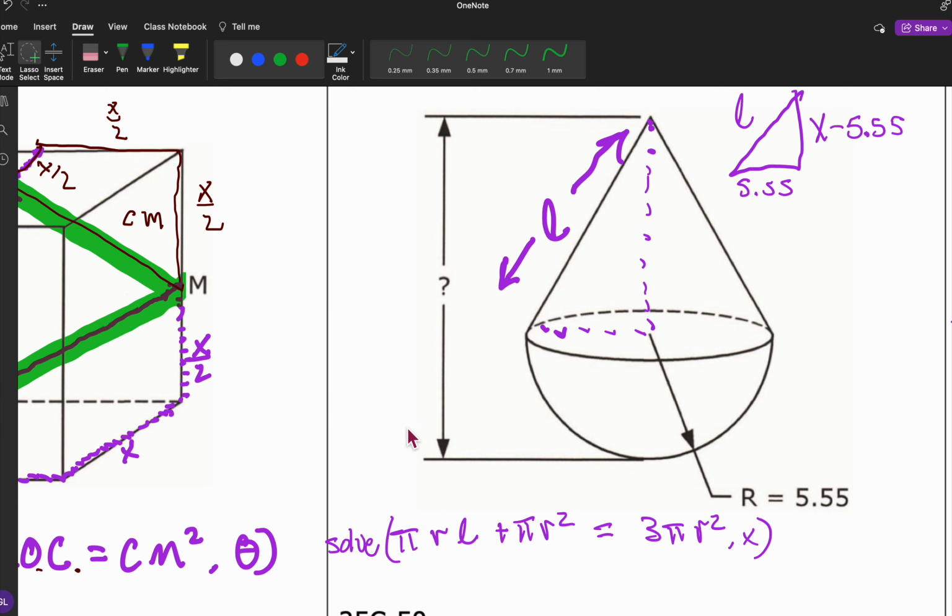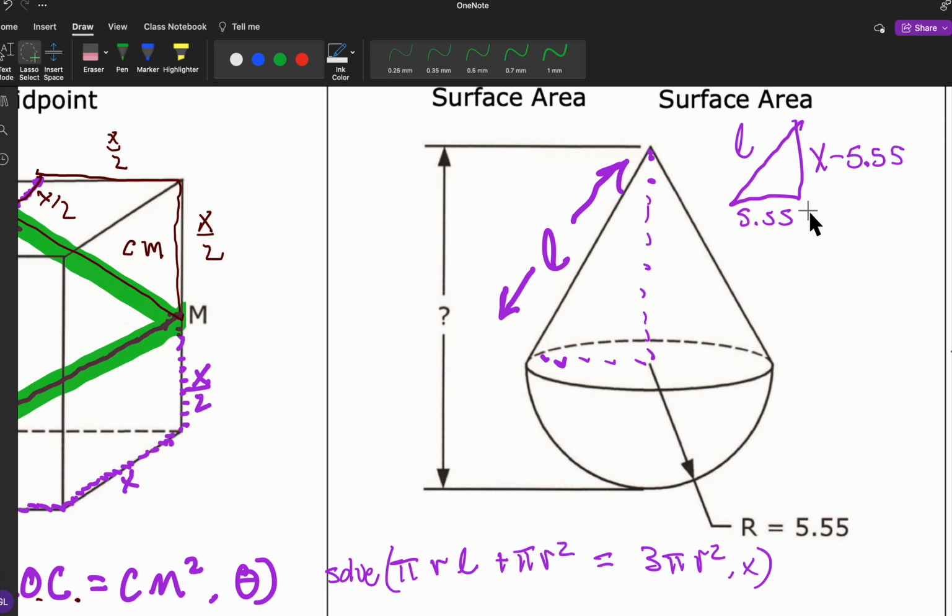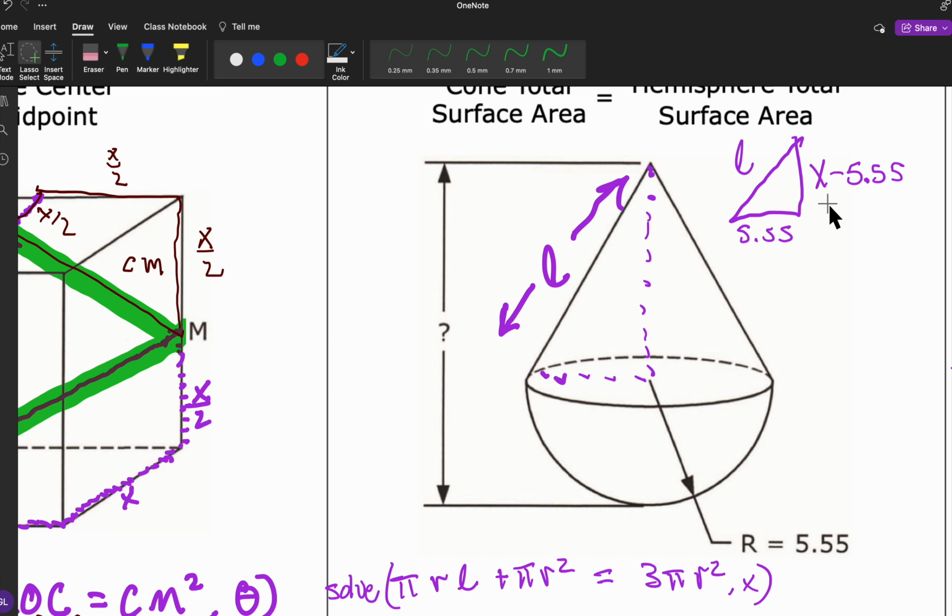Now, putting all this information together, they want us to find the height of the total assembly. They give us the radius of the hemispherical cap. So if we take away that radius, that's going to give us the height of the cone. So in this case, we're looking for that total height, x, and we're going to take away the 5.55 to get the height of the cone.